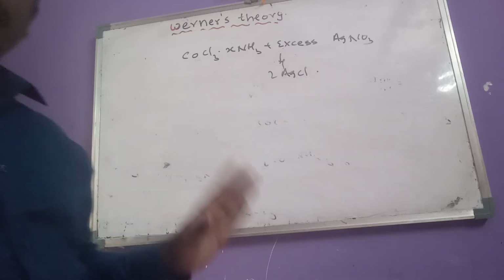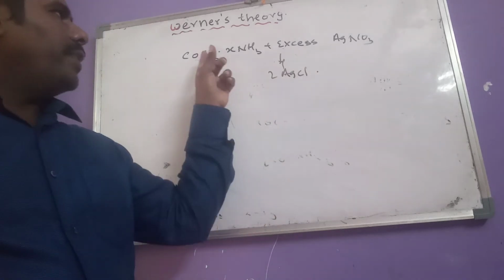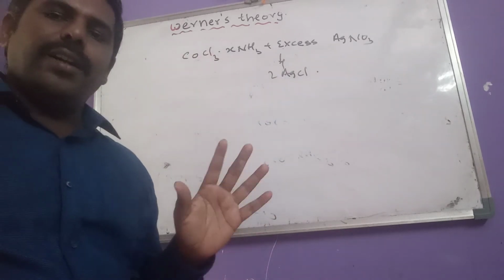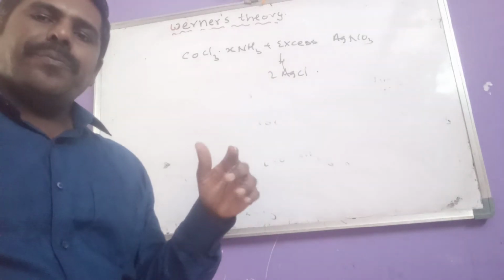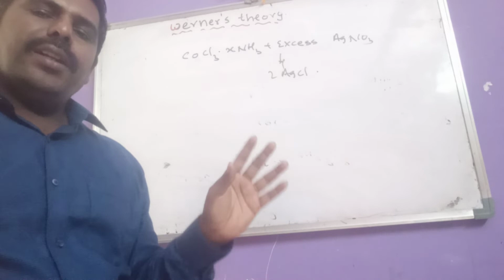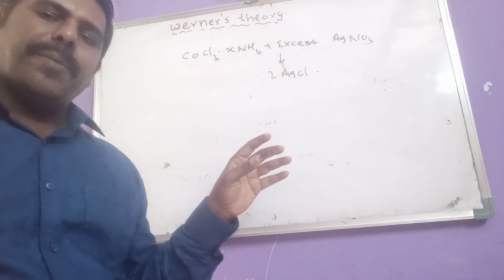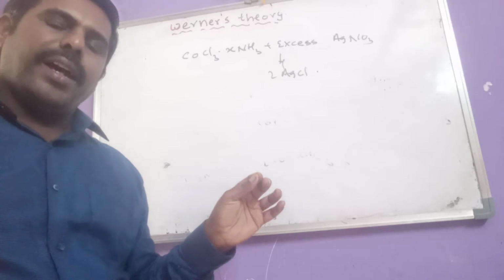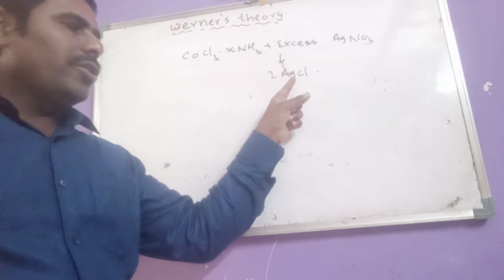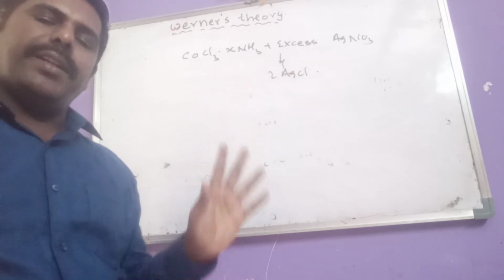Now this indicates what? Out of the 3 chloride ions, 2 chloride ions are present in the ionization sphere. The chloride ions which are present outside the coordination sphere, that is in the ionization sphere, only those come out as precipitates.